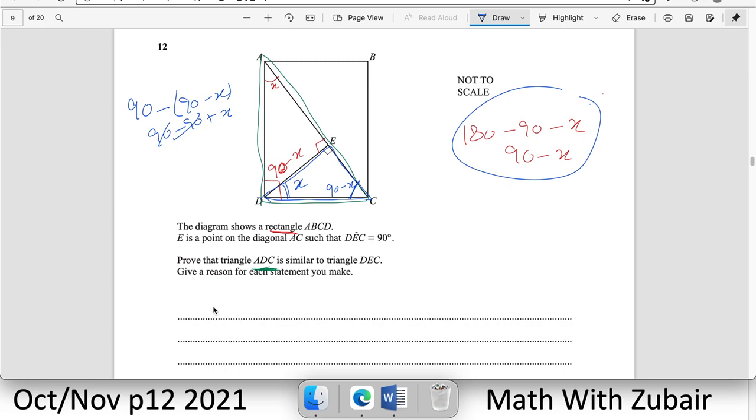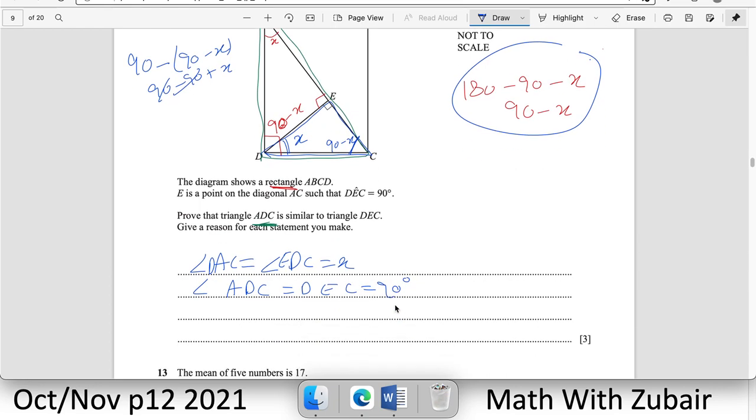So let me say angle DAC is equal to angle EDC. Let me write it to avoid any confusion, is equal to X. We have shown the first angle. Then we have the second angle, that is angle ADC is equal to angle DEC, which is 90 degrees.